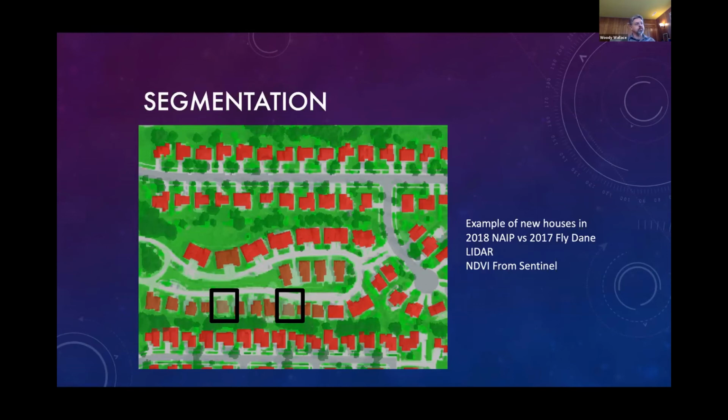Also, for segmenting rooftops and trees and things like that, it could be useful to incorporate LiDAR with your imagery data sets. So in terms of pulling in some information on the vegetation, there's a couple ways you can do that.